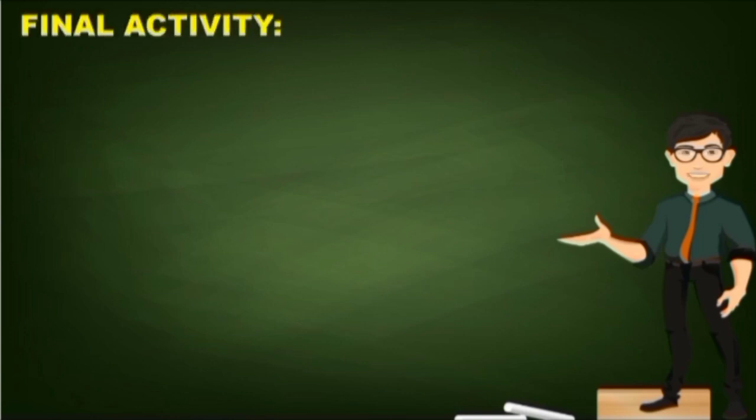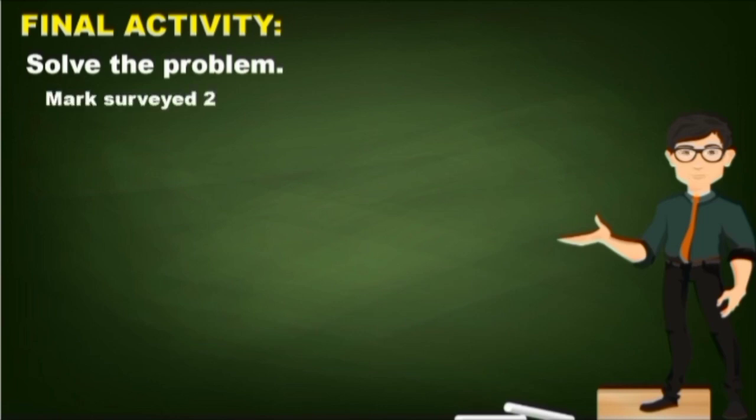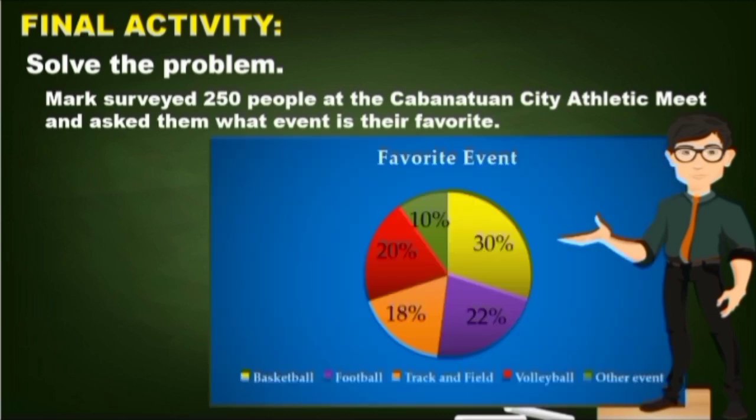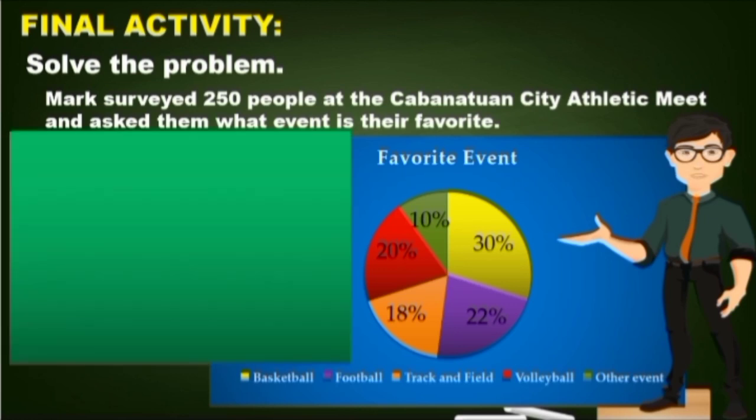Now, let's have a final activity. Let us solve the problem. Mark surveyed 250 people at the Cabanatuan City Athletic Meet and asked them what event is their favorite. So based from the chart entitled Favorite Event, we will answer the following questions.